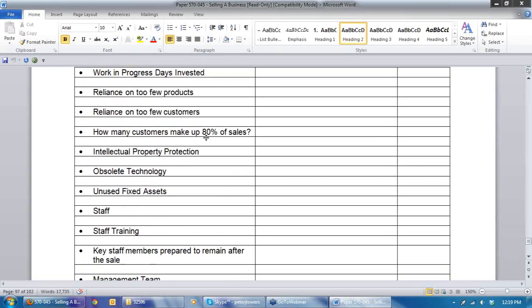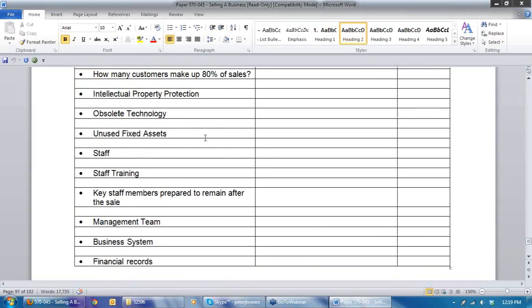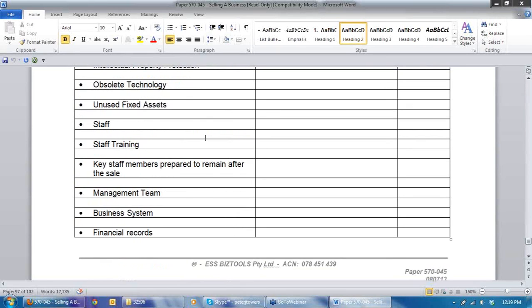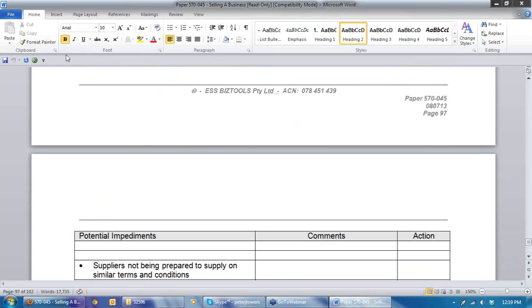Does the business have some obsolete technology? Have they got some unused fixed assets? Perhaps some of these things could get sold to try to improve the overall valuation of the business. Because if you can improve the after-tax profitability, you are going to achieve a multiplier of 5, 6, 7, 8 times in the valuation of the business.